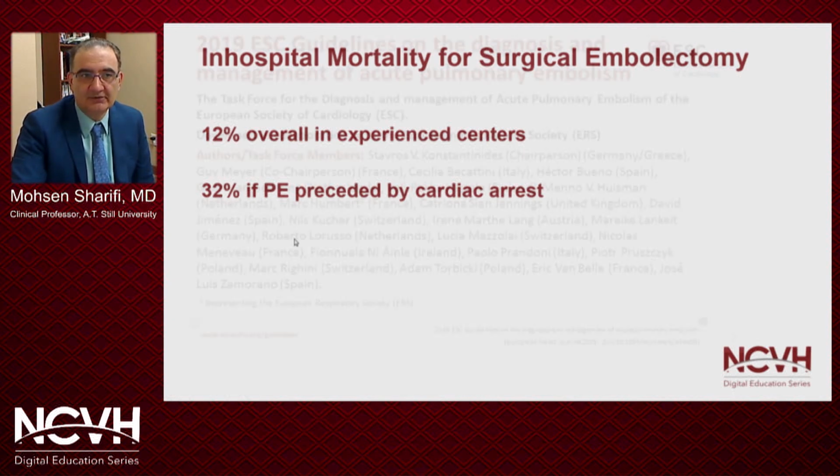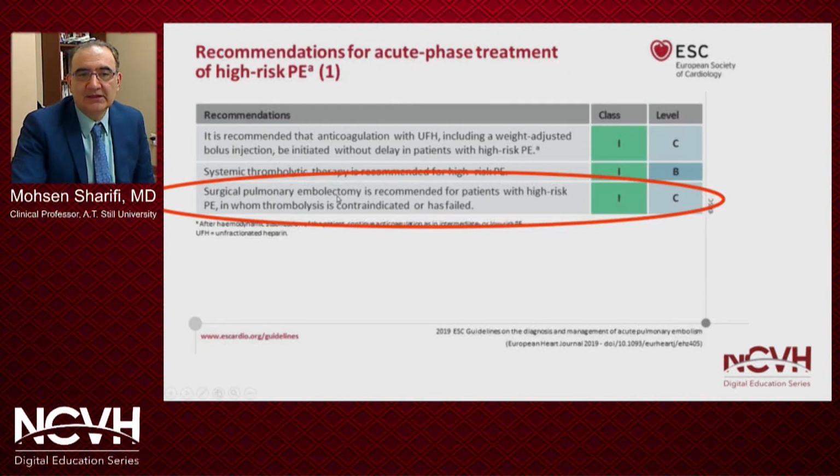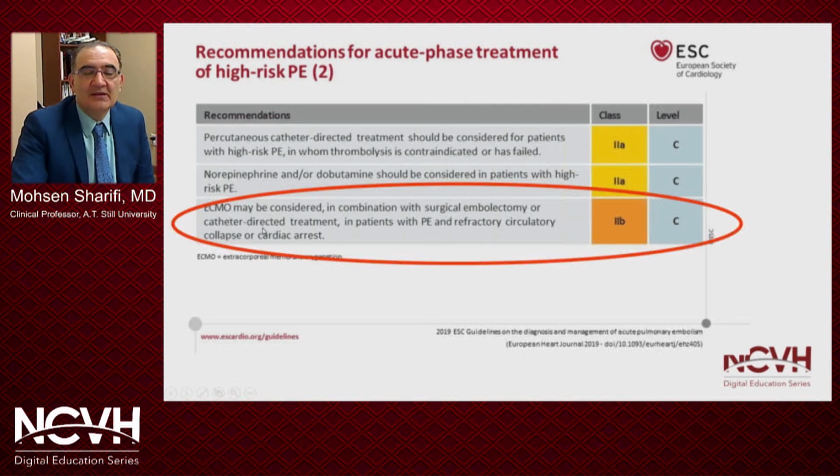Again, going back to the guidelines of the European Society of Cardiology, surgical pulmonary embolectomy is now recommended for patients with high-risk PE in whom thrombolysis is contraindicated or has failed. And that's given a class 1, level of evidence C, and it comes before catheter-based interventions. The ECMO has entered the guidelines here.